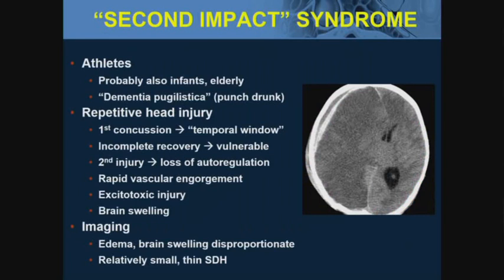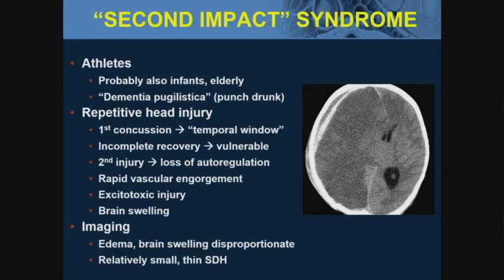So, we know about that in young athletes, most of us do, but does second impact syndrome occur in other clinical situations? And I think it does. I think it not only occurs in athletes, but it occurs in cases where there is non-sports related repetitive head injuries, at two ends of the age scale. Infants with abusive head trauma, and older patients with repeated falls.